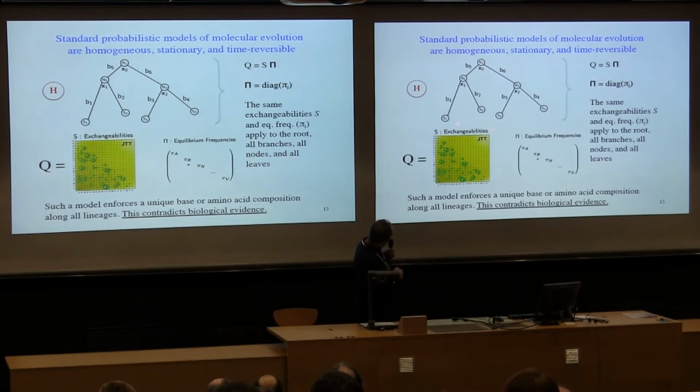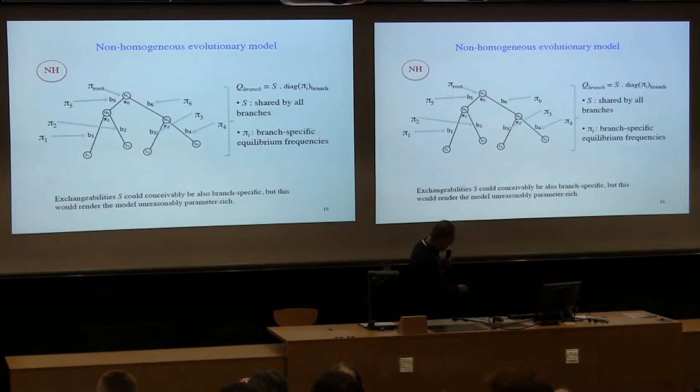A unique composition is shared by all molecules under consideration. And this contradicts biological evidence, because I showed you that extant molecules differ extensively in terms of composition. Some are GC rich, some are GC poor. And so we need to change this modeling to account for what we observe in extant sequences. And so this is what we did.